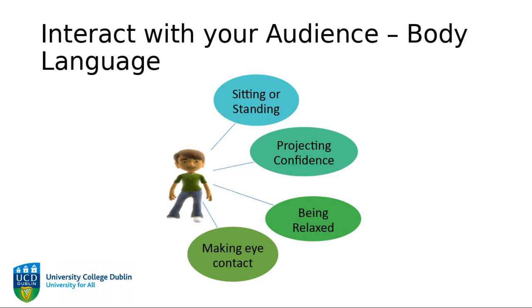And then the next thing is making eye contact, which obviously is quite important, particularly if we are on campus, to make eye contact with other people in the audience. I appreciate right now it's particularly hard because, for example, if it's a Zoom lecture, do you look at the camera up here, or do you look at the slides? It's hard to know where to look.